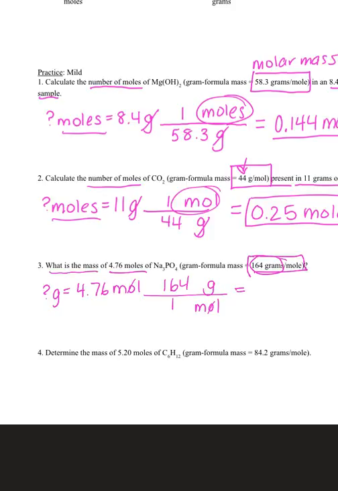We say 4.76 times 164, and we get an answer of 780.64, and the unit is grams.